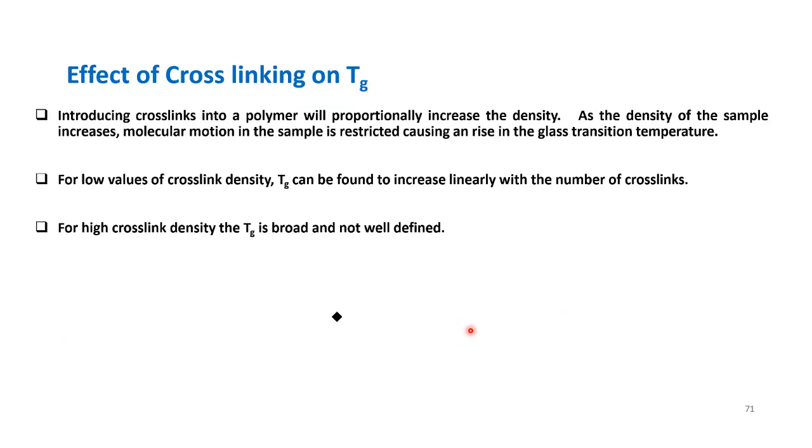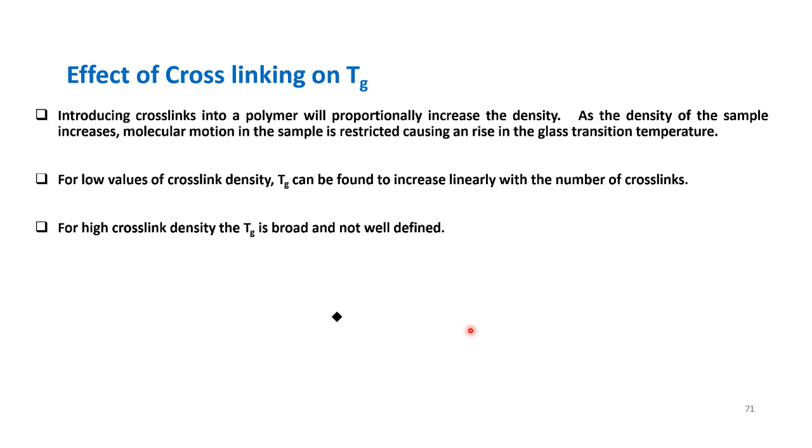So again, the effect of cross-linking can also be checked. Introducing cross-linking into a polymer will proportionately increase the density. As the density of the sample increases, the molecular motion in the sample is restricted, causing a very high rise in the glass transition temperature. As we know, cross-linking will make it more crystalline and the molecular motion will be restricted.